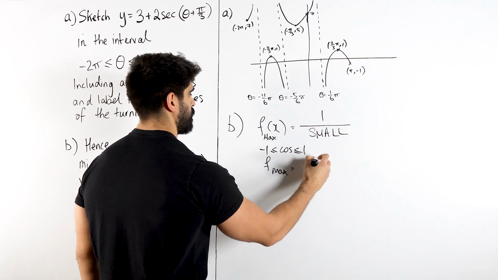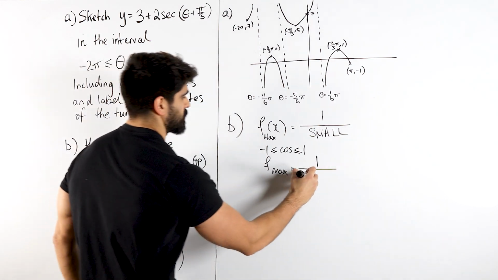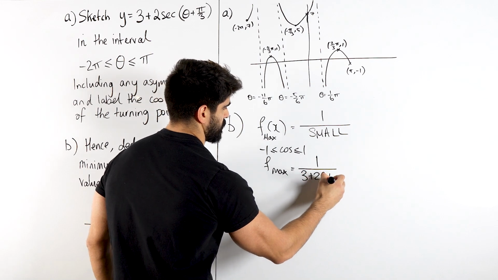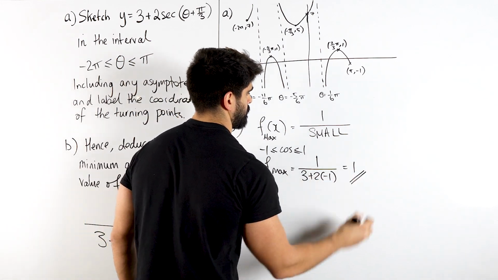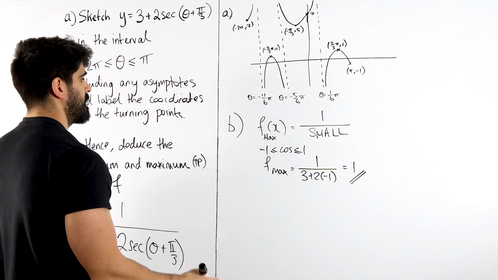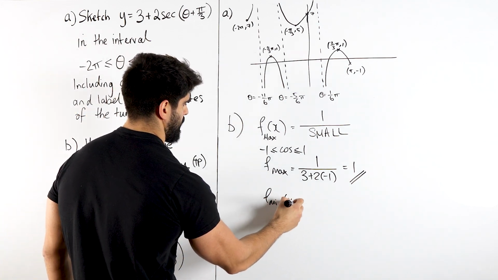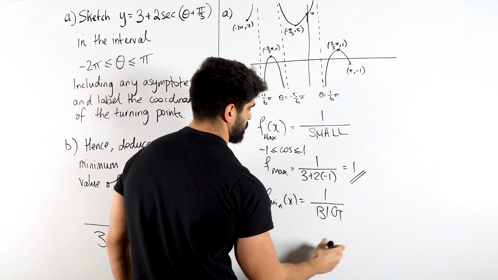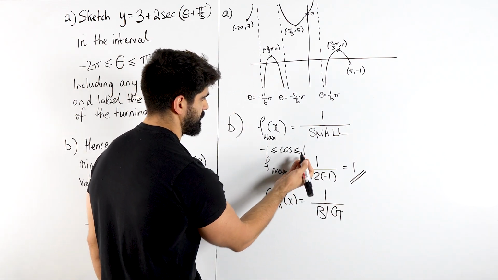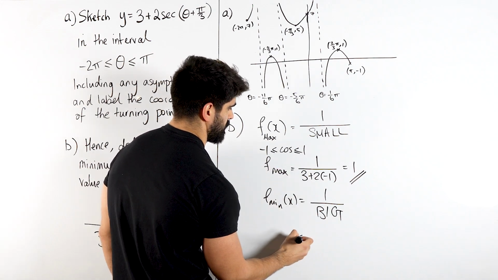So here, the maximum turning point will be 1 over 3 plus 2 lots of minus 1, which is just 1. Okay? And then, for the minimum of f of x, we have 1 over big, which, considering the same thing, is when the cos graph is 1, sec is 1 over 1, so nothing changes there.